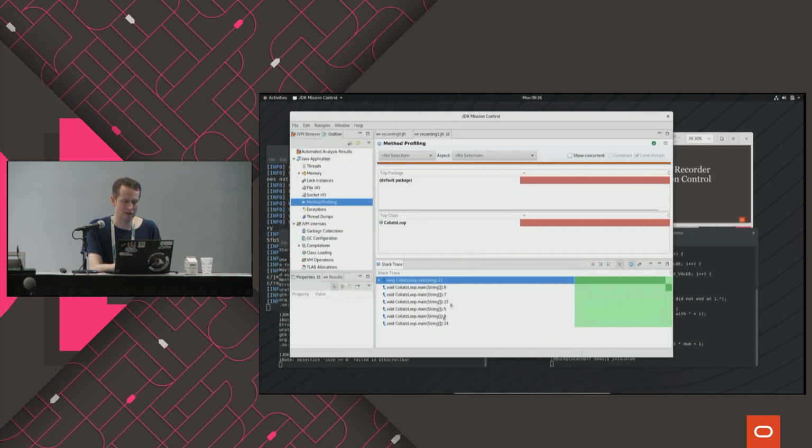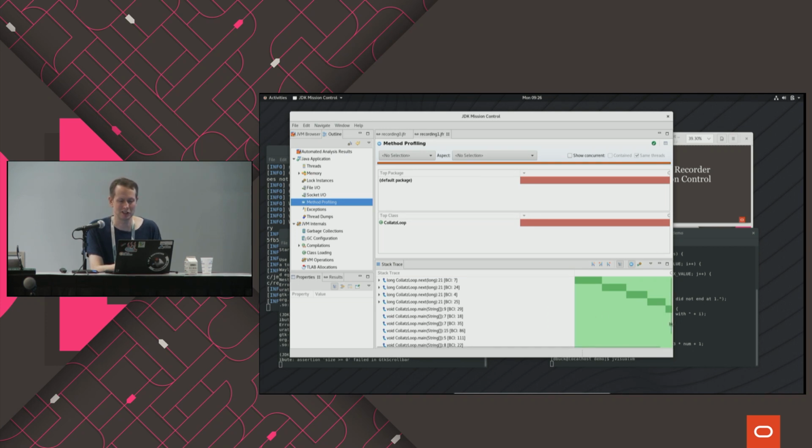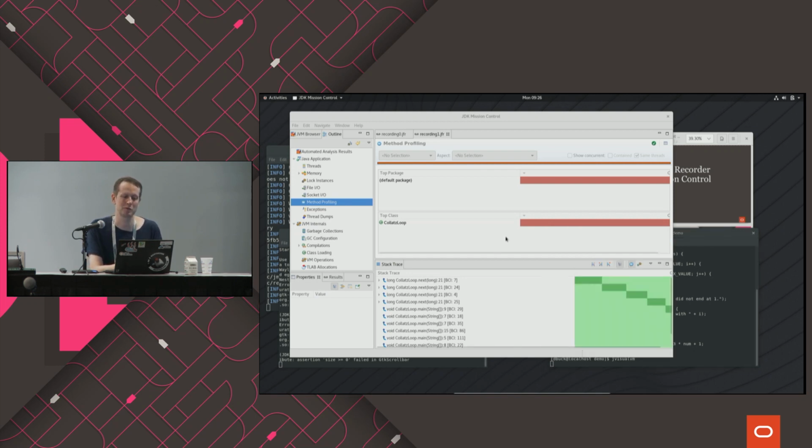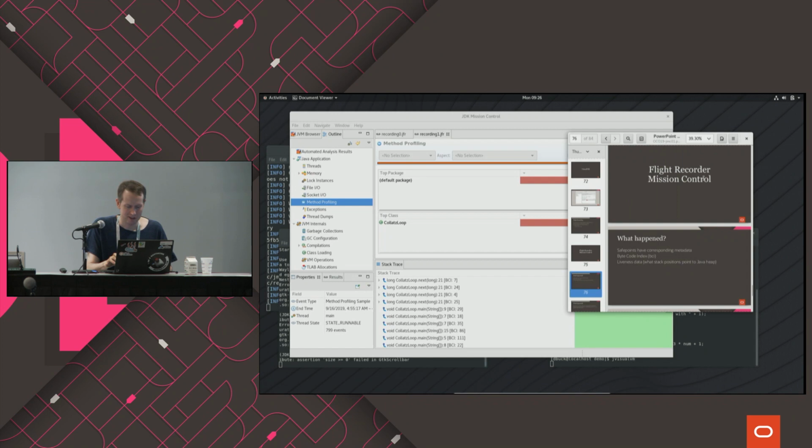It'll even allow us to drill down in the user interface to the bytecode index if I was interested in which part of this. So I could look at the javap output for this particular class and see where I'm spending most of my time. That's a really cool thing that technology like Flight Recorder allows you to do that other profilers just don't support.